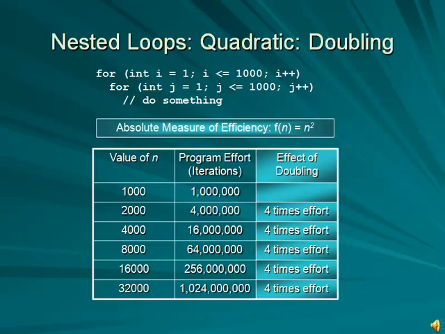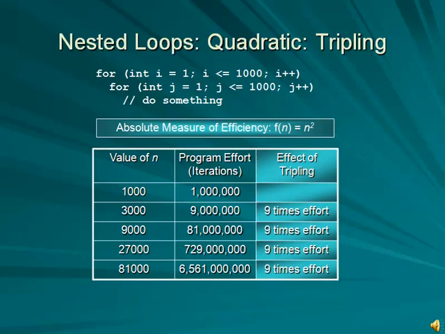So, going back to the chart, take a look at the effect of doubling. When we move from 1,000 to 2,000, the program effort changes from 1,000,000 to 4,000,000. That is, it's 4 times the effort. Similarly, when we double again from 2,000 to 4,000, then the program effort changes from 4,000,000 to 16,000,000. 4 times the effort. Now, in the next slide, let's consider what happens when we triple n.